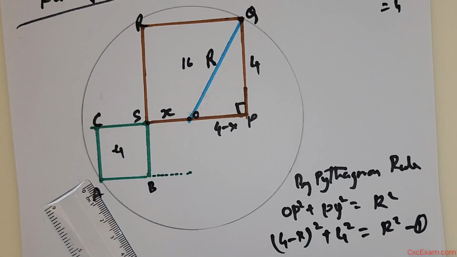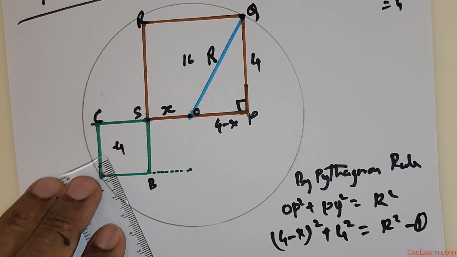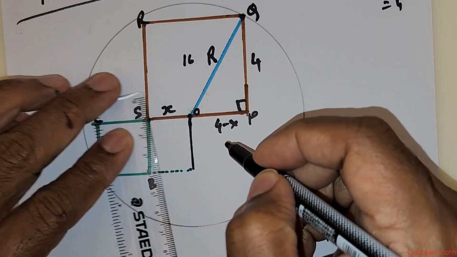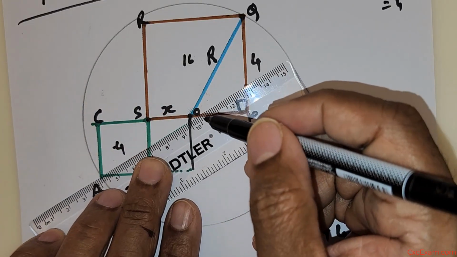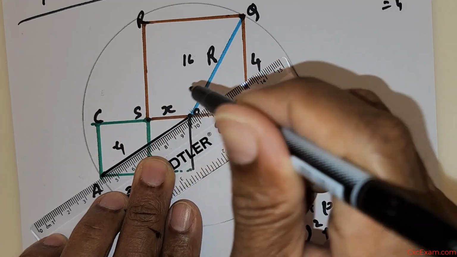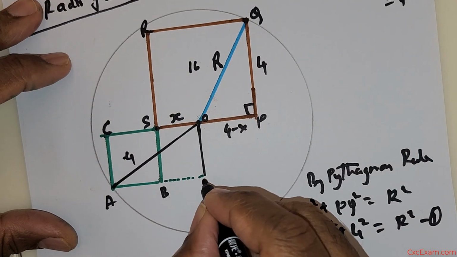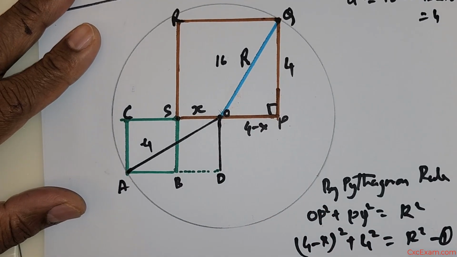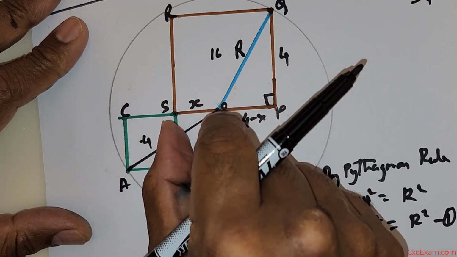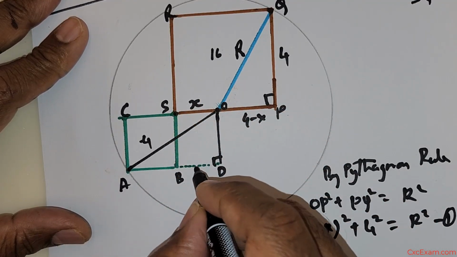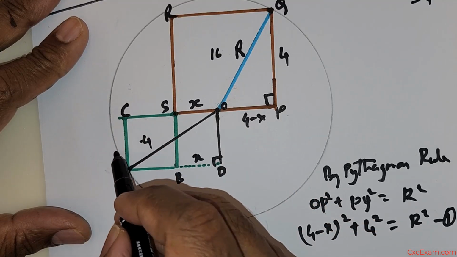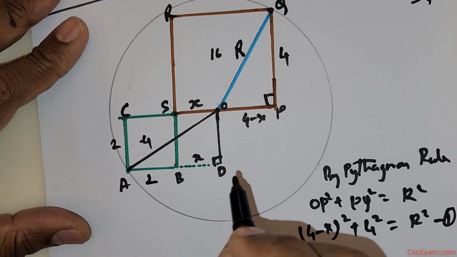I drop a perpendicular like this, and then I would connect A with O. So this is going to be my D. Now clearly this is 90 degrees. Now this is in line with this x units, so this length will also be x. Now this area is 4 units, so that means this side is 2 units, this side is 2 units.